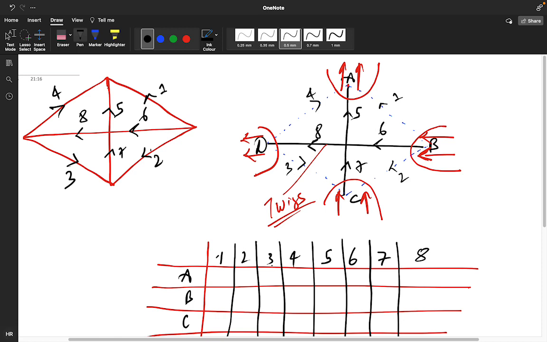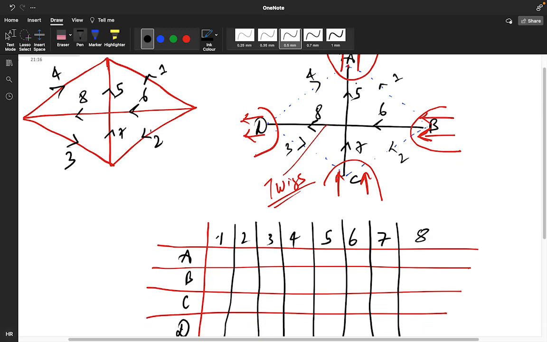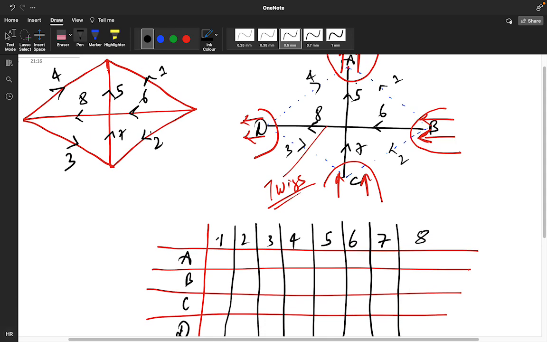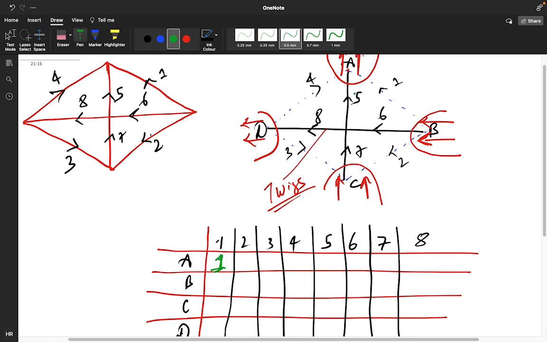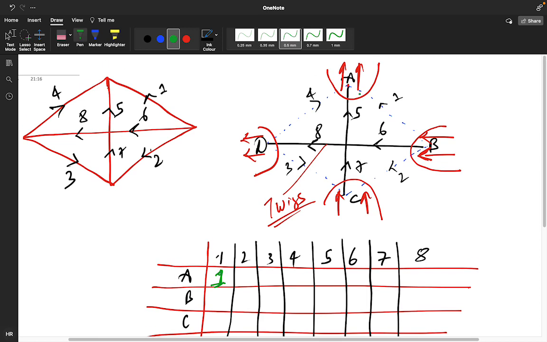No. So at A, one branch is coming. It's entering. So in entering we have taken positive. Entering means positive and leaving means negative. Whatever you want to assume is up to you. So I am taking entering as positive.